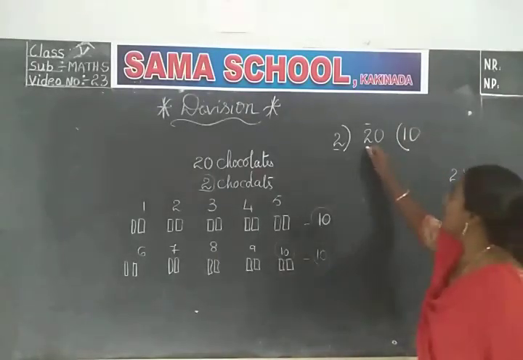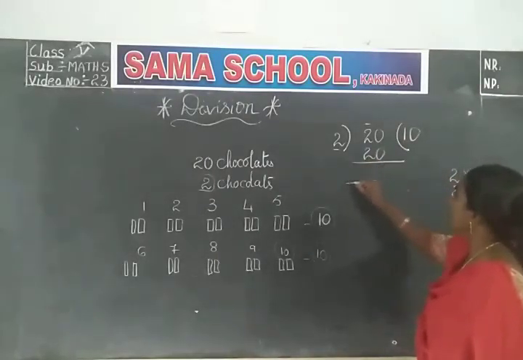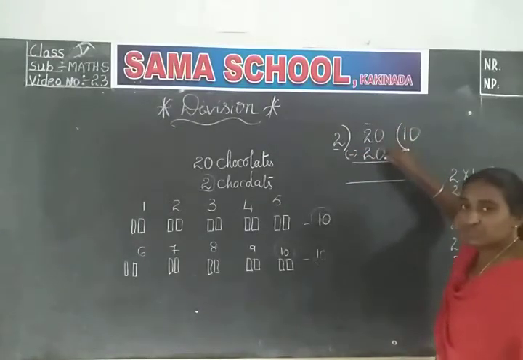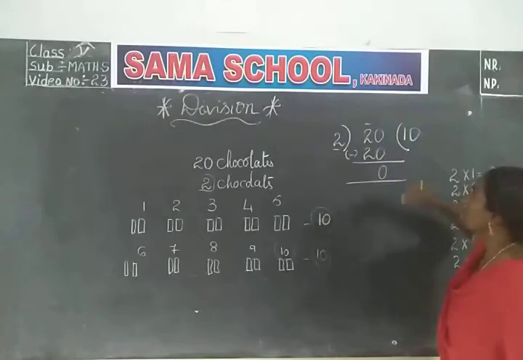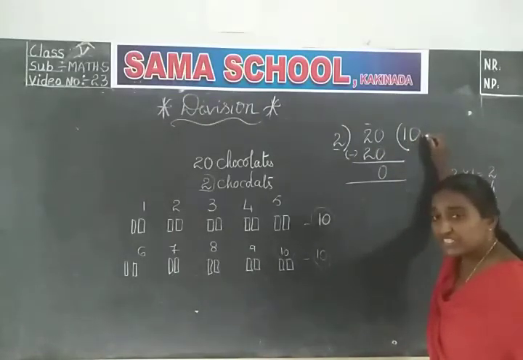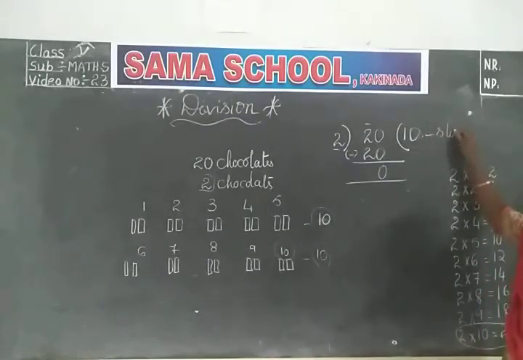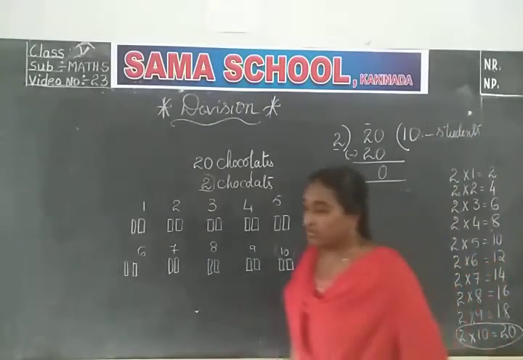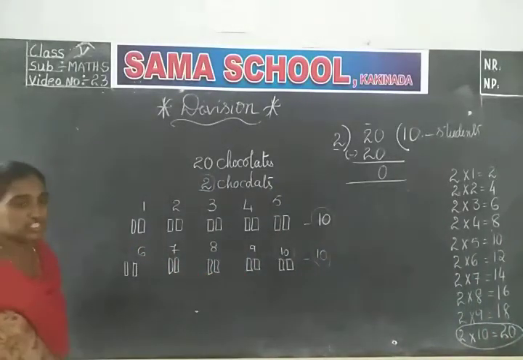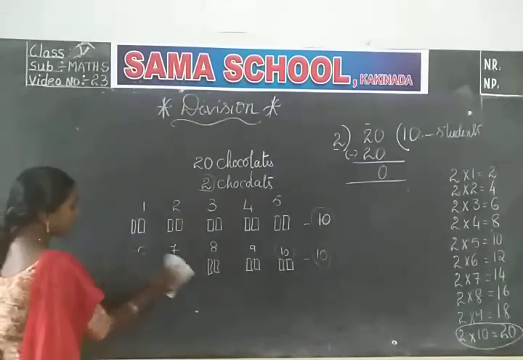This 20 we have to take here, and you have to do subtraction here. 20 minus 20 is 0. So these 20 chocolates are sufficient for how many students? 10 students. So in this way also we can find out the number of students the chocolates were sufficient for. Okay, children?